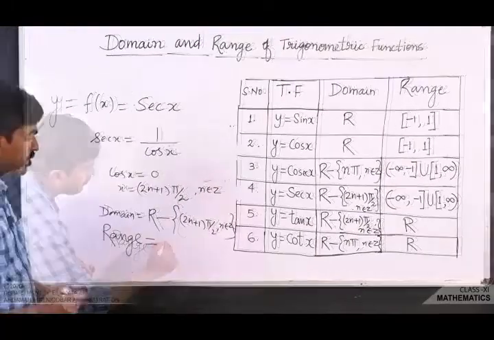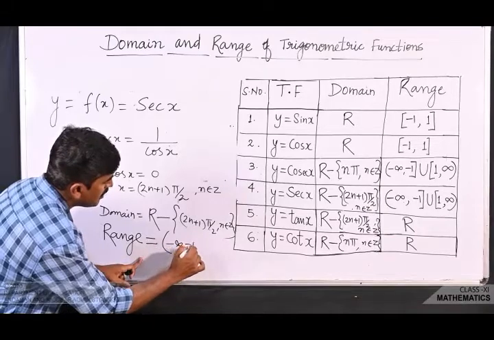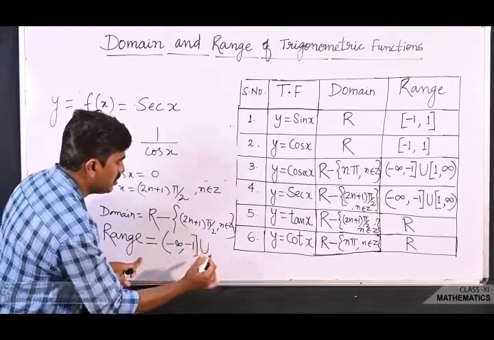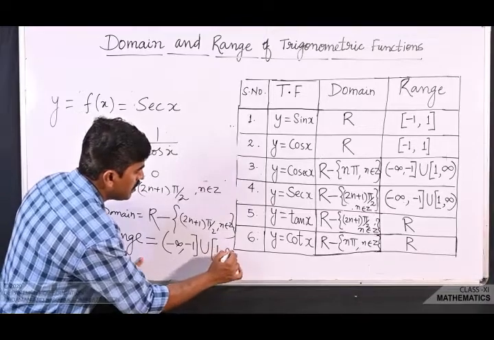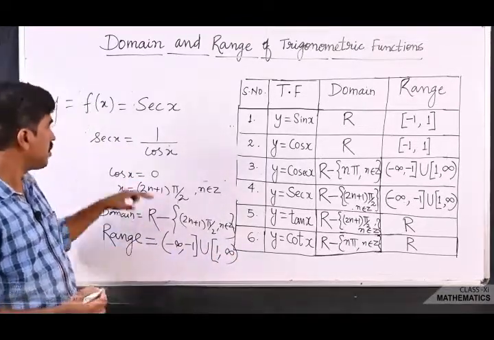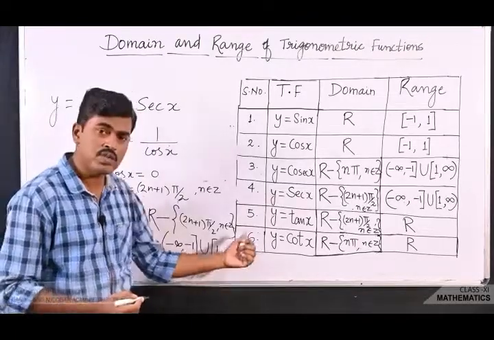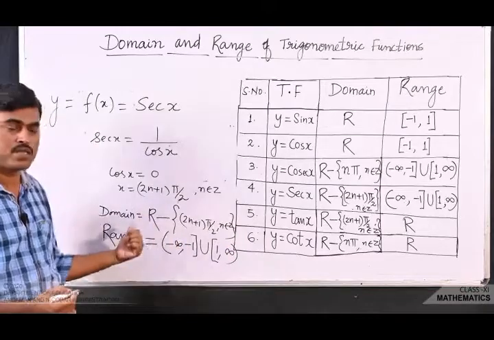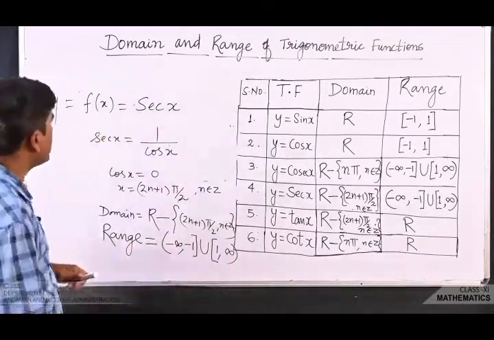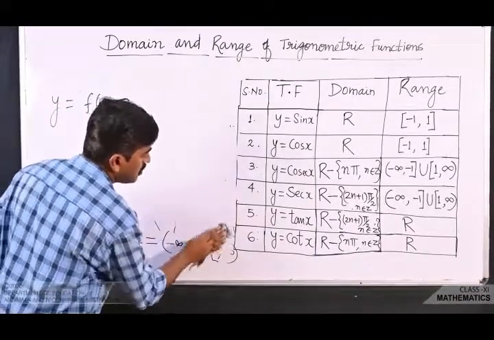So we will write the interval minus infinity comma minus 1, closed here, minus 1 is included, union 1 comma infinity. That means all the images for the sec function are greater than or equal to 1 or less than or equal to minus 1. Clear? Now let's take the next function, that is f(x) equal to tan x.